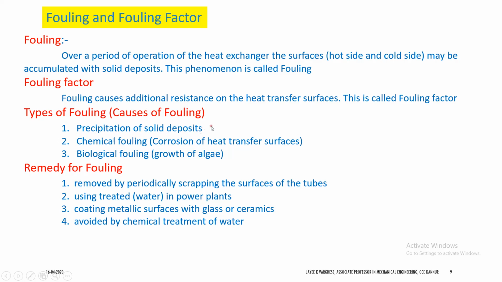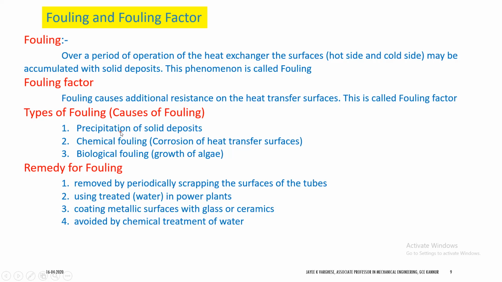The water or other fluids will be contaminated with some solid particles, or maybe flue gases will be contaminated with ash particles. In these cases there will be deposits on the surfaces of the fluid passages. This is called precipitation of solid deposits.